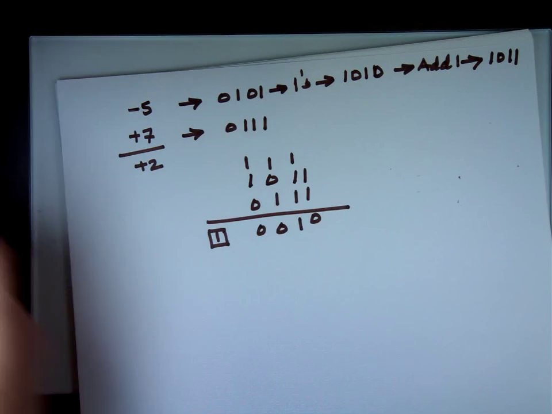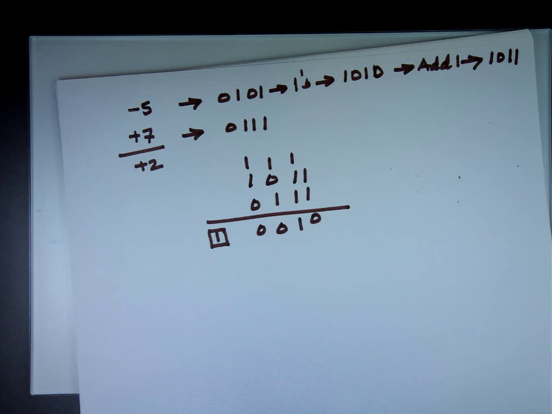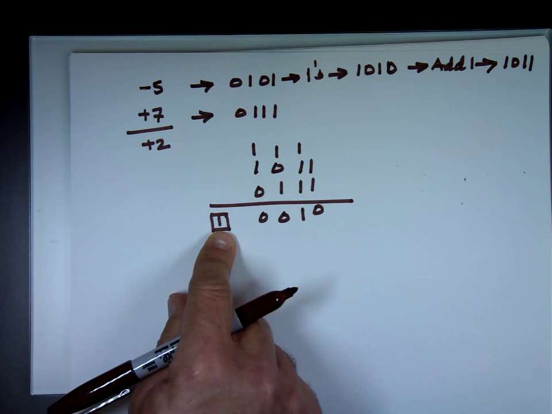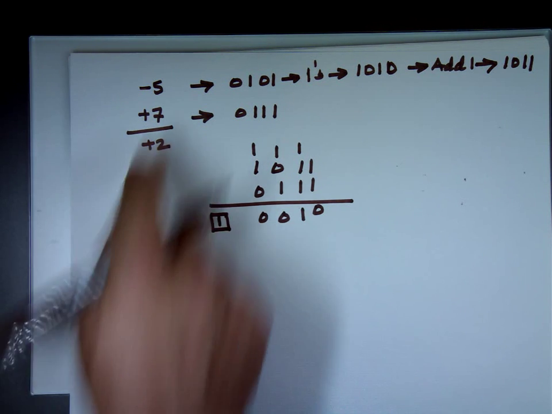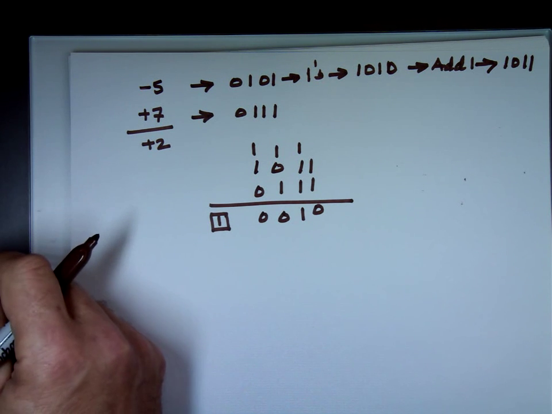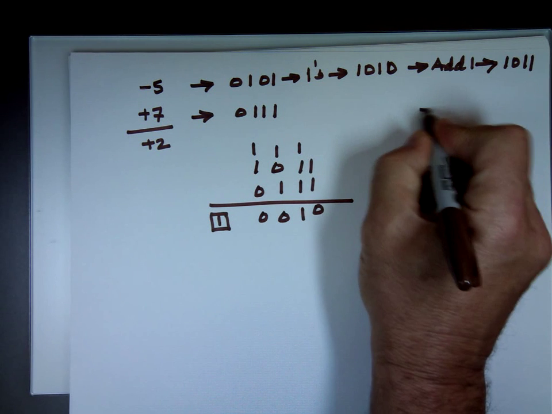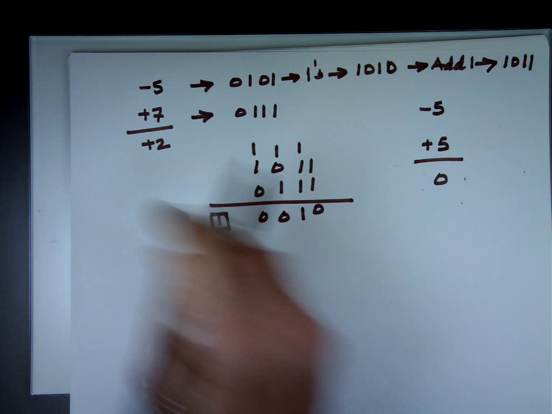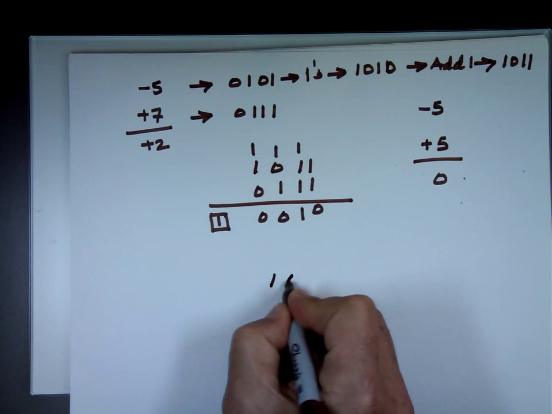So let's try some of these. Ignore the carry when the signs are different. Let's take another one. Negative 5 plus 5. That's a 0, right? We know negative 5 is 1, 0, 1, 1.